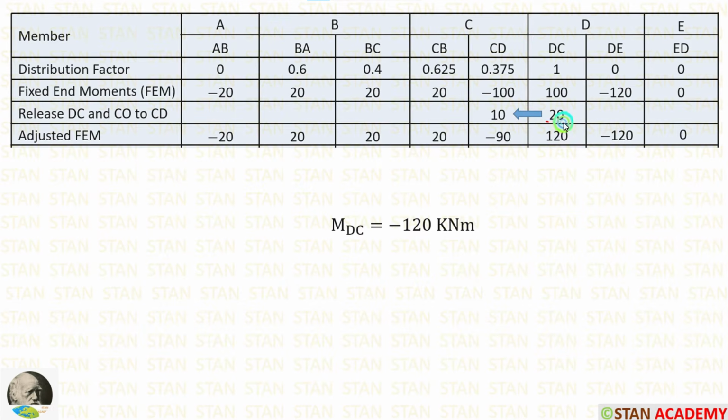When we divide 20 by 2, we will get 10. Now let us find the adjusted fixed end moments. For AB, BA, BC and CB, there are no changes. For CD, we have to add these two values. After adding, we are getting minus 90.